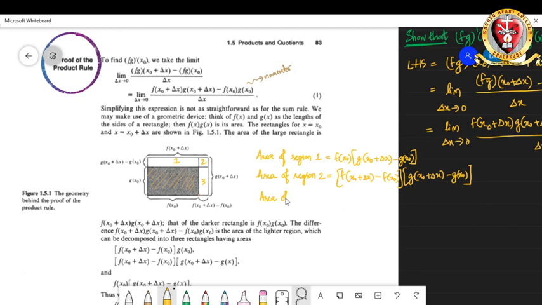And area of region 3 is equal to f of x naught plus delta x minus f of x naught into the region here. This much length will be g of x naught. So this is in total what we get, g of x naught.